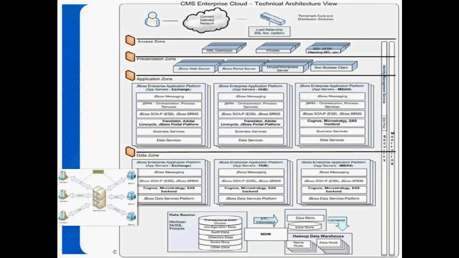For those of you who are a bit more technically inclined, CMS, the Centers for Medicare and Medicaid Services, was kind enough to prepare a presentation a year back which showed the architecture. It's essentially a 5-tier system, which you might expect of an enterprise-level system like this that had a lot of clients to serve.